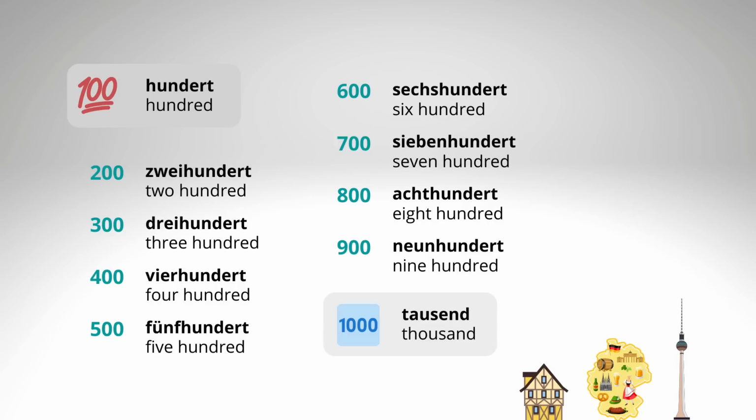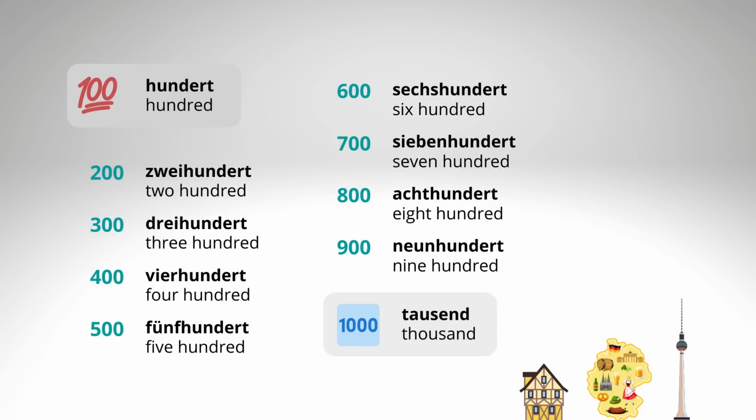That way we can get the German multiples of 100, which are 200, 300, 400, 500, 600, 700, 800, and 900. And then finally we have 1000, but that will be the topic of our next lesson.